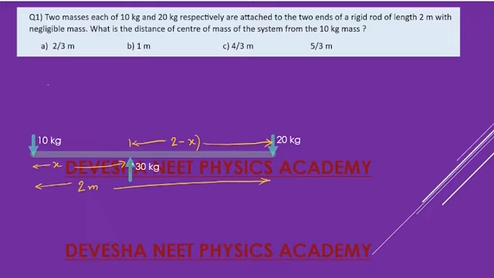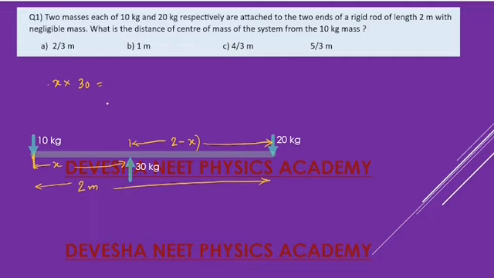Imagine the center of mass is at x. Then x into the sum of the masses, 30, is equal to m1 x1 plus m2 x2. What is the x1 here? It will be 0 because the reference point for me is this place.